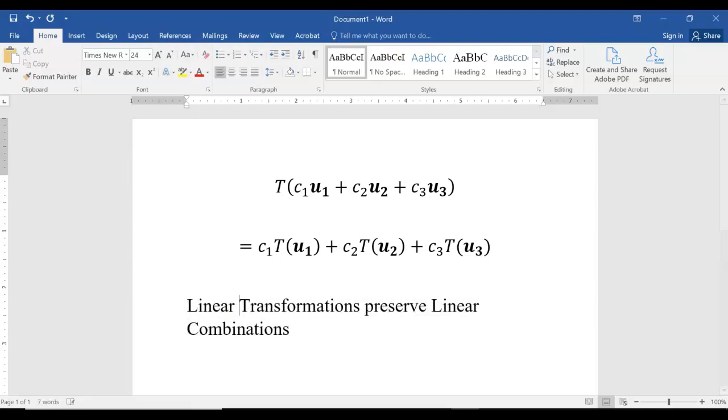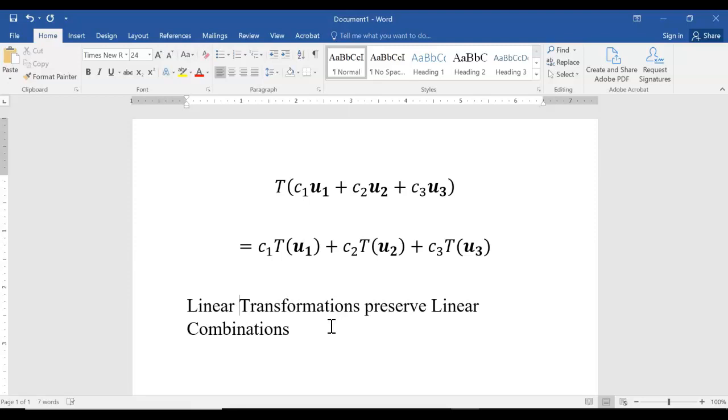Linear transformations are going to preserve linear combinations. Now, we haven't talked about the graphical ideas yet. We are going to do some of that once we get into chapter 4. But if you were thinking about what this looked like on a graph, it turns out linear transformations preserve lines.